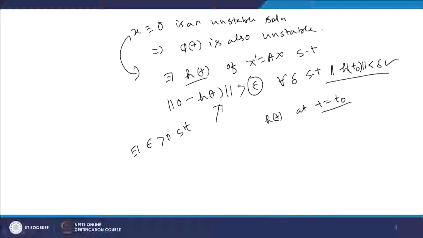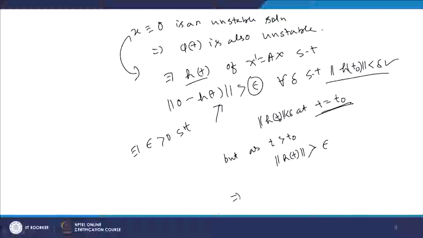So, at t equal to t naught this norm of h t naught is less than delta, but as t is greater than t naught, the norm of h t is going to be bigger than some pre-assigned number. So, we can say that h t is now moving away from 0. That is what we mean by an unstable solution. Now, we want to show that this phi t is also unstable.